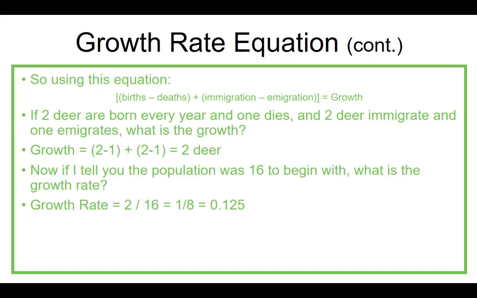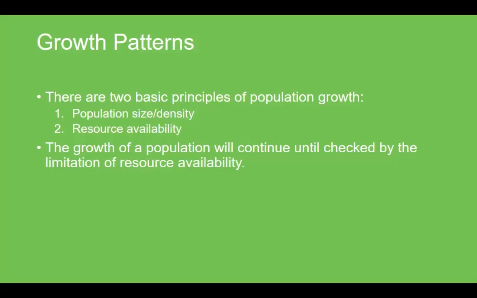So what does that mean when we start looking at growth rate? Well, there are 2 basic principles of population growth. One, population size and density, how many and how tightly packed are they? And 2, how many resources are available to them? The growth of a population will continue until it becomes checked by the limitation of resources available.